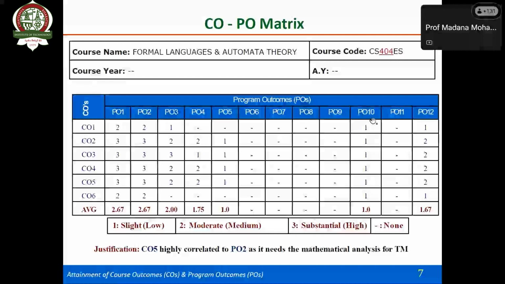Then communication: here 100% communication is not required. At least slight communication is required. That's why PO10 is 1. Then lifelong learning is also only one aspect, for higher education purposes.